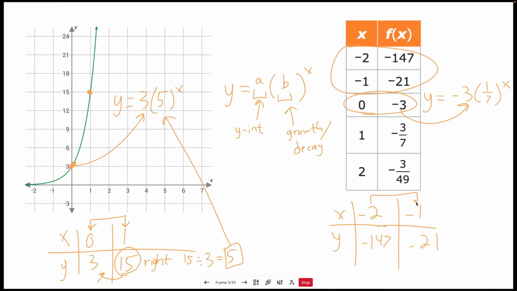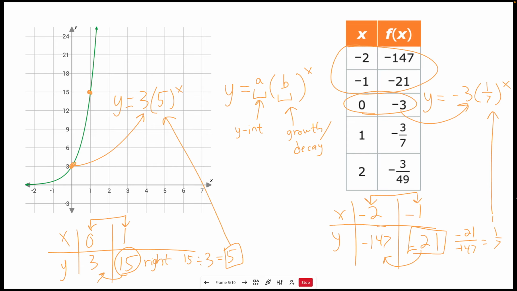These are separated by one number, okay? And so now we do the right one divided by the left one. -21 divided by -147, which maybe you want to use a calculator for that, gives you 1/7, and that's how they come up with the 1/7 here.